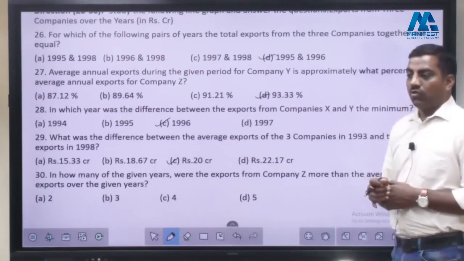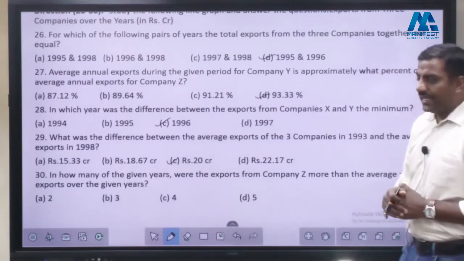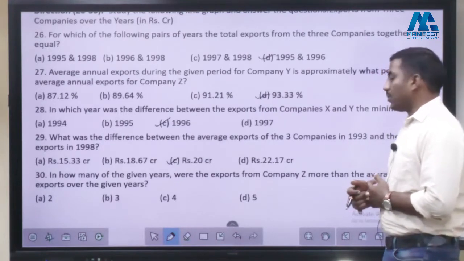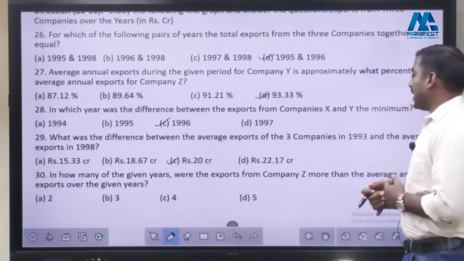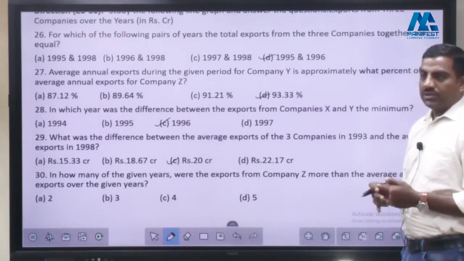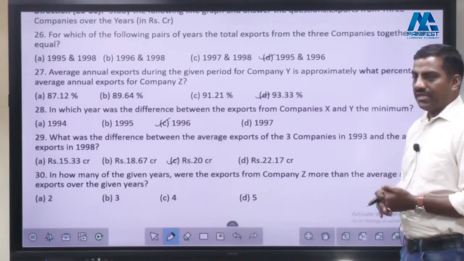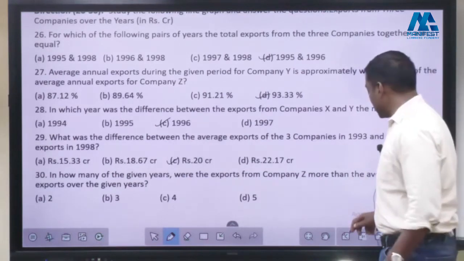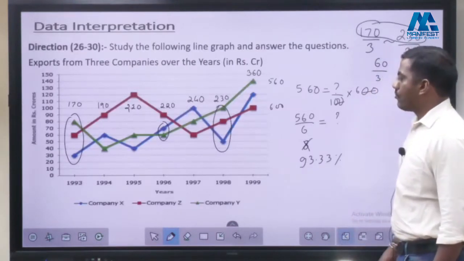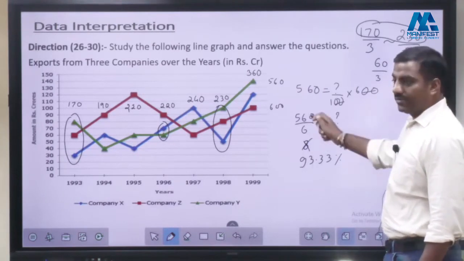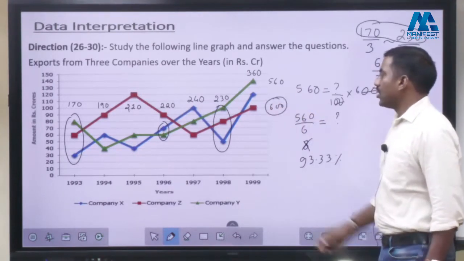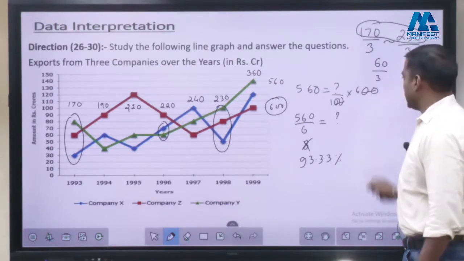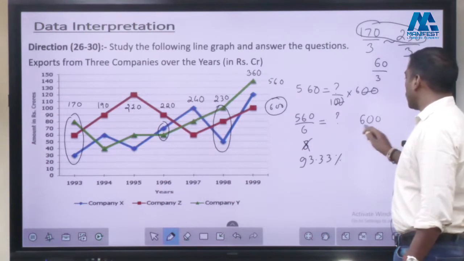Here we are focusing on only Z, company Z. So we have to find the average of Z. The average of Z will be based on the sum of Z. Already we know the sum of Z, 600. So what is the average? 600 by how many years? 600 by 7.